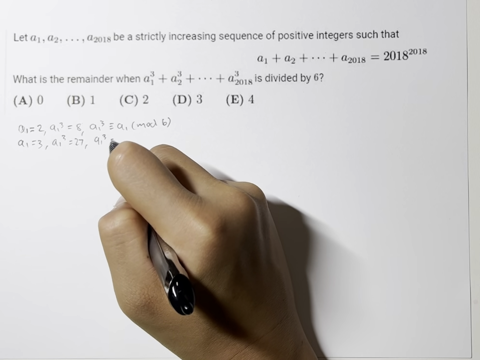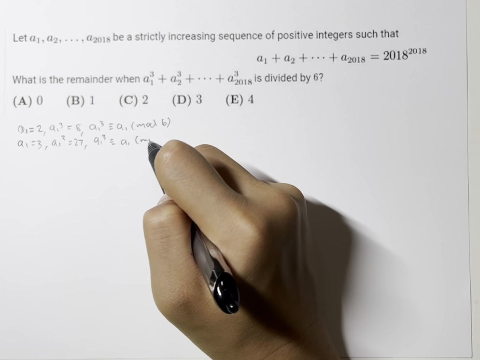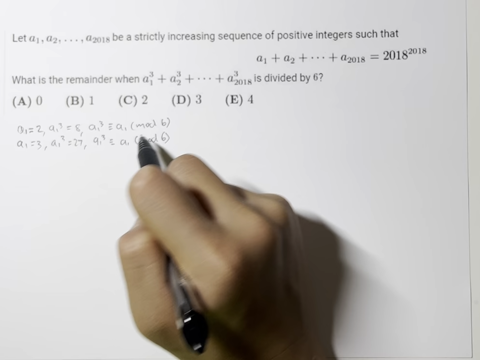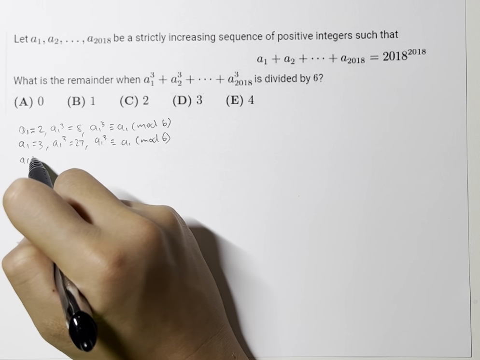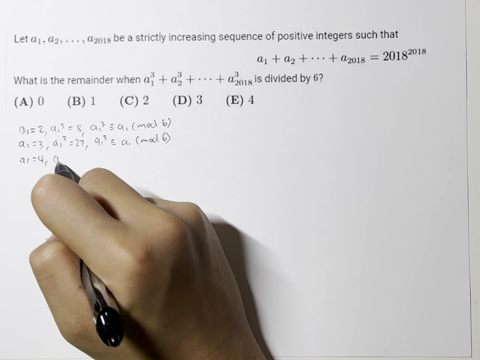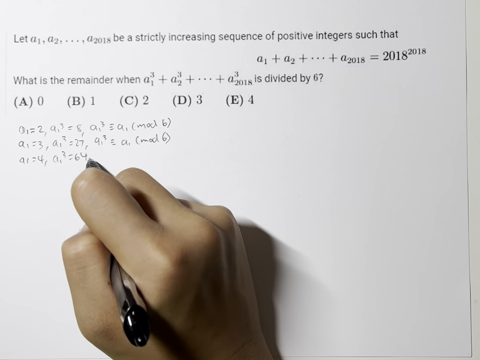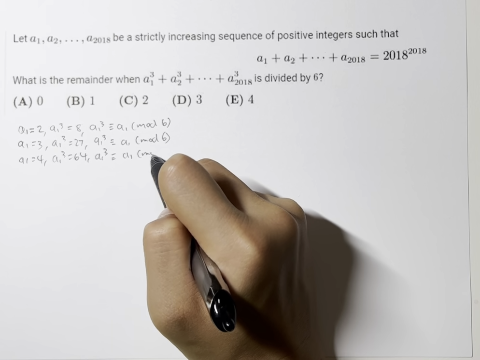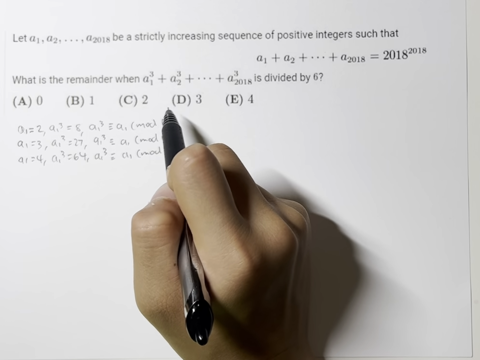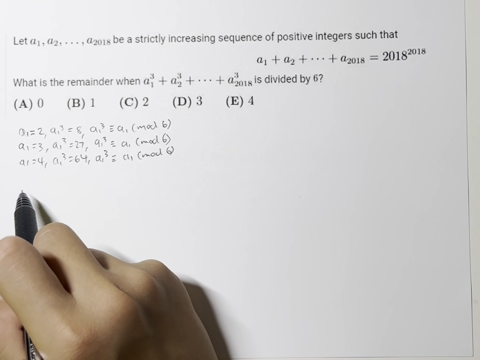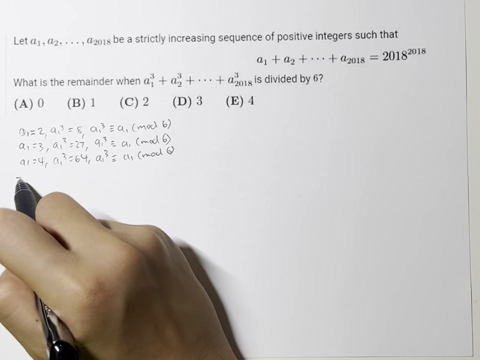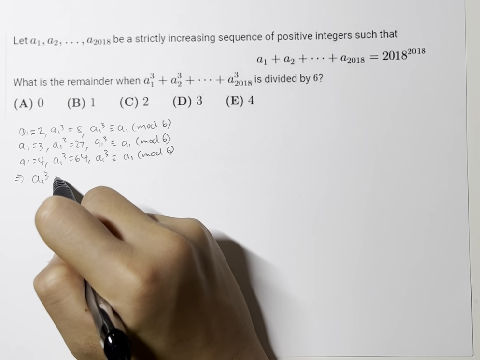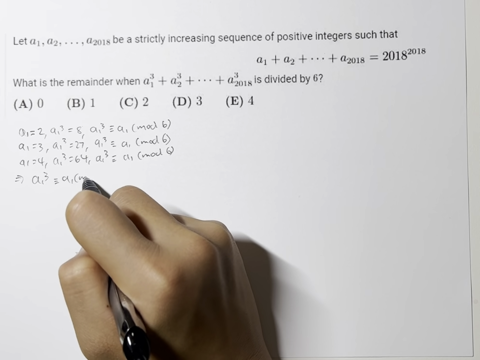A1 cubed is congruent to A1 mod 6. So this is pretty promising. A1 equals 4. A1 cubed is equal to 64. A1 cubed is congruent to A1 mod 6. Using these examples, we can get a pretty good idea that A1 cubed will be congruent to A1 mod 6.